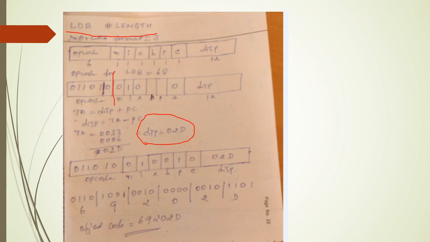It is not base relative, it is PC relative, therefore b is 0 and p is 1. e is 0, and then the displacement is 02D. Grouping in binary: 0110, 1001, 0010, 0000, then 02D. So 69202D is the object code. We will get to know the necessity of calculating the displacement in the next topic.